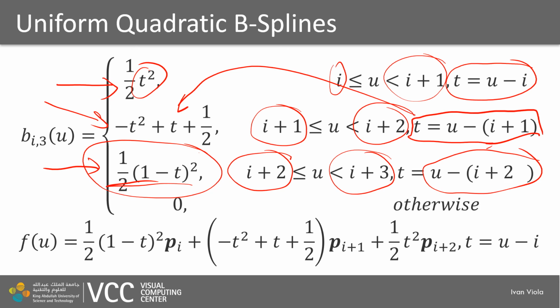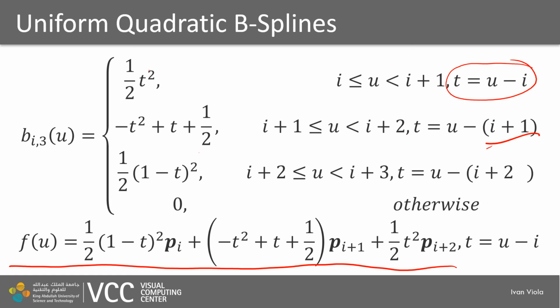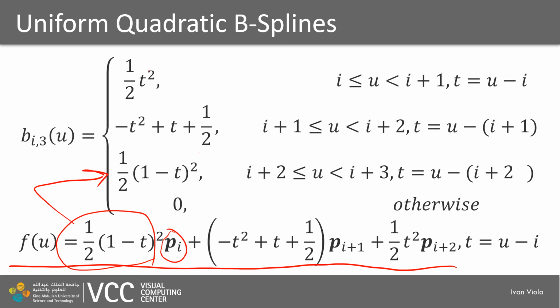And then for a quadratic formula, we will see that the formulation of our function looks like this. And we can see again the same thing happening. I will clear this out a little bit so that we can see it more clearly, that again the first point is only weighted with the last part of the basis function, not with its first part.